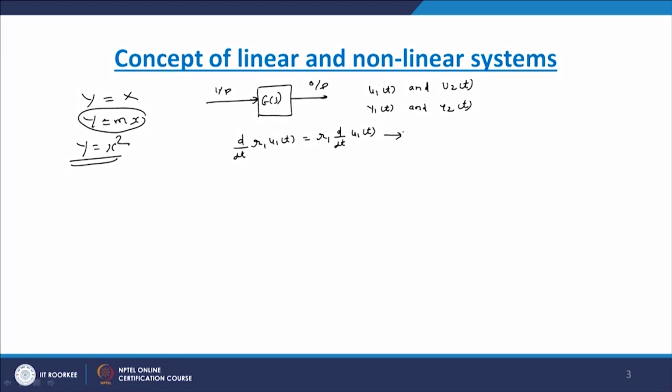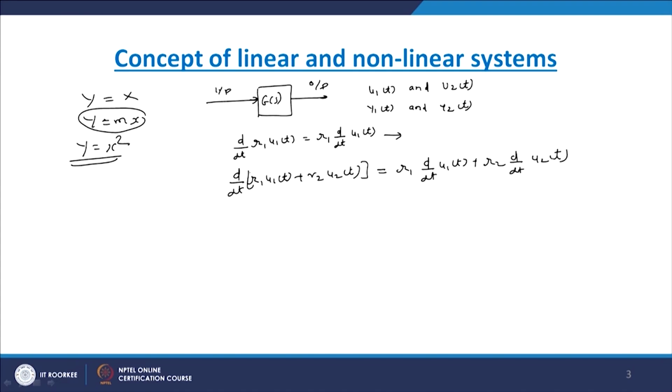And now, if you write down the equation as d/dt of r1 into u1 of t plus r2 into u2 of t, where r1 and r2 are arbitrary constants, we can write this as r1 times d/dt of u1 of t plus r2 times d/dt of u2 of t.